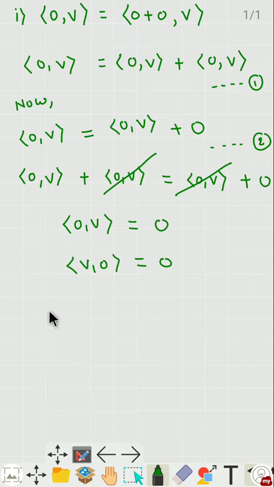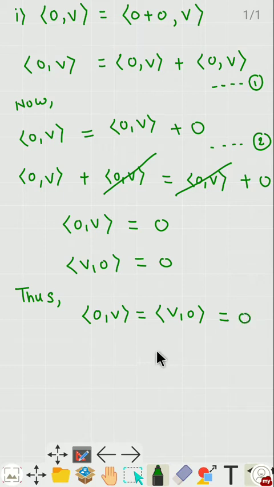Thus we have proved the first thing, which is that the inner product of 0 with v is equal to the inner product of v with 0 and has the value 0 number. Let us go to the next to prove the second.